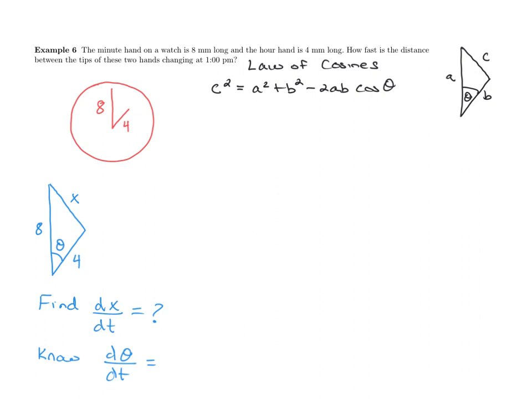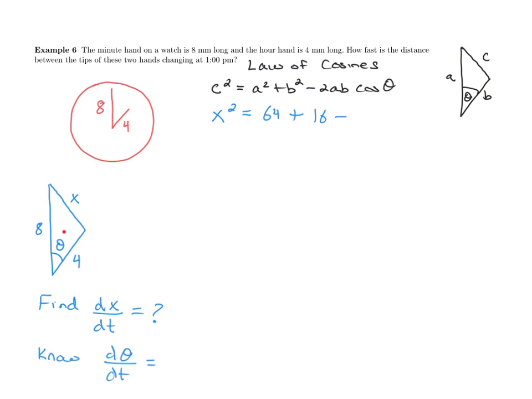So for starters, c, I'm actually relabeling it as x, so I'll just call it x squared. Okay, a in this case is equal to 8, and if you square it, you get 64. And b squared, which is this side, is 16, minus 2 times a times b.